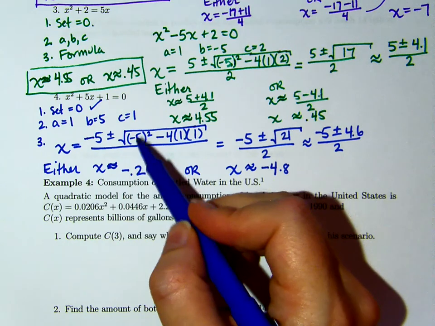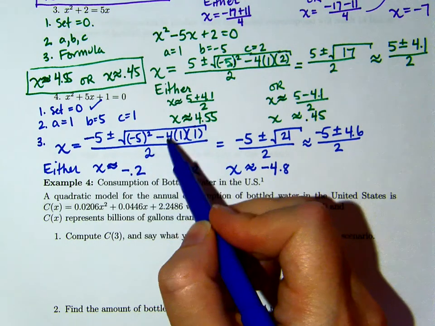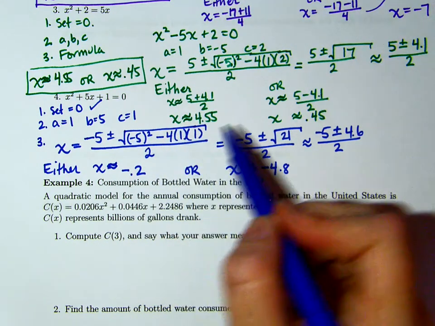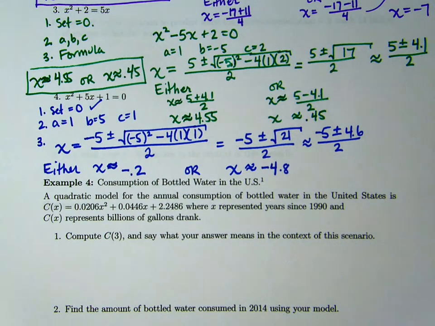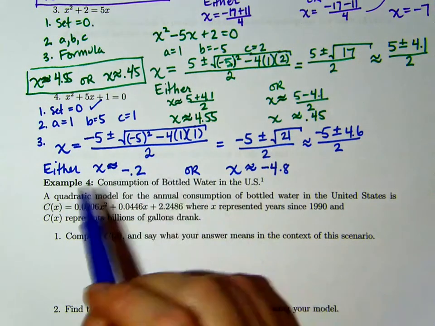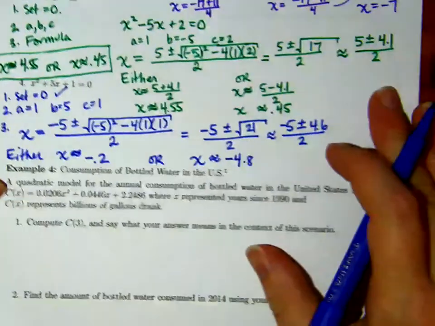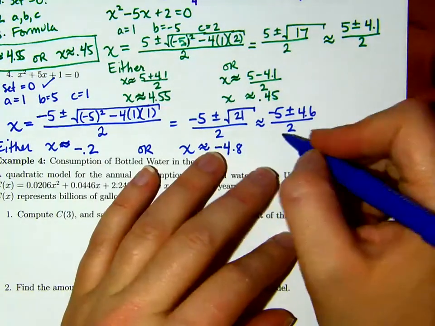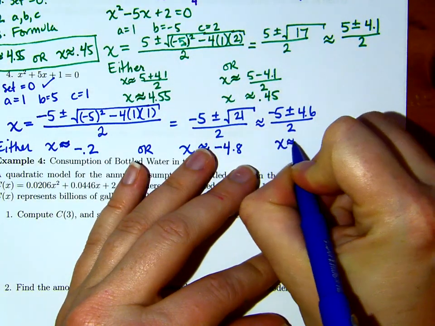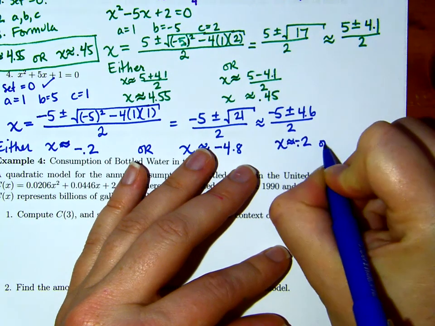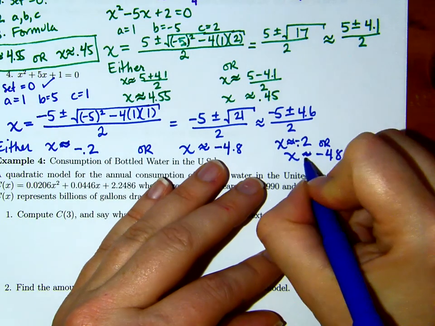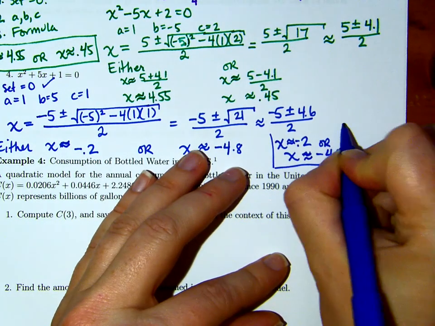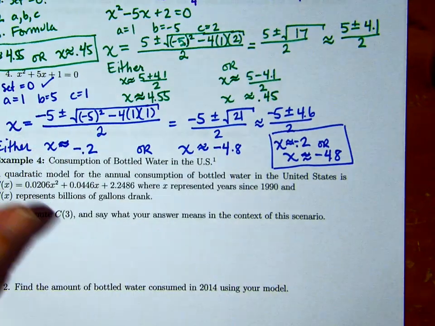Then this would be 25 take away 28, and we would have had negative 3 under this radical. And that leaves us with no solution. So just so you know, so far we've gotten 2, which is pretty nice each time. Those would be our 2 solutions here.